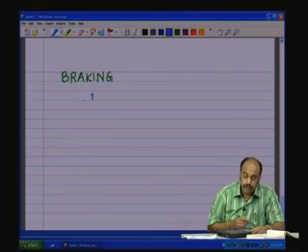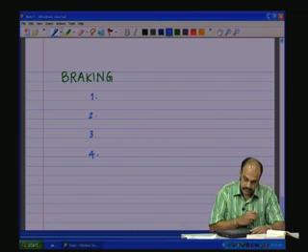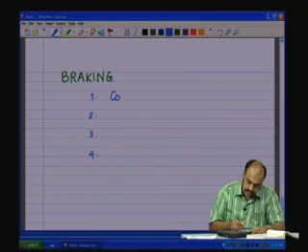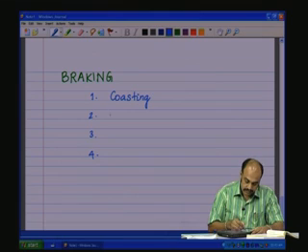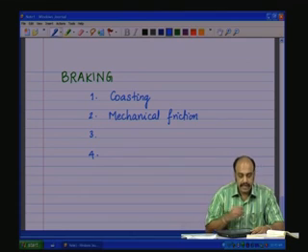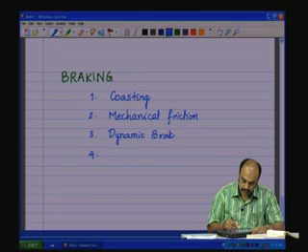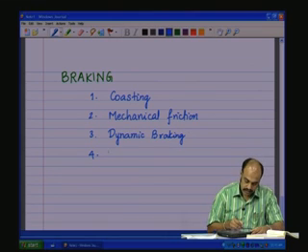The first one is the simplest, we call it coasting. The second one is by applying mechanical friction on the mechanical side. The third one, on the electrical side, you are applying a load, which is called dynamic braking. And the fourth one is called plugging.